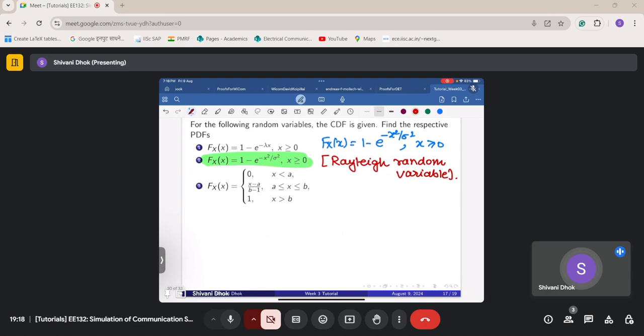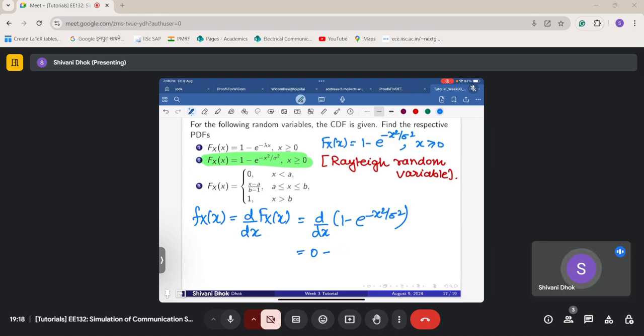This is again what we call a continuous random variable, and therefore we have fX(x) as d/dx of FX(x), which is equal to d/dx of 1 minus e power minus x square by sigma square.